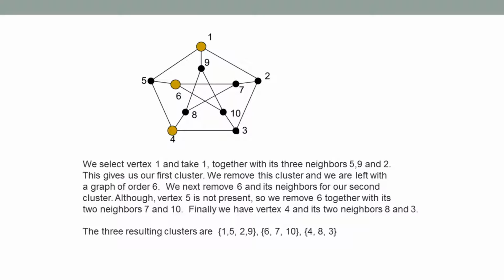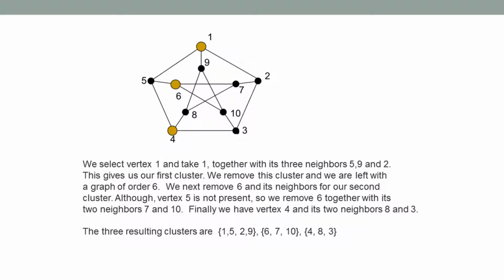Since Petersen's graph has 10 vertices, we've removed 4, so we now have 6 vertices left. We'll take the dominating vertex labeled 6 and its two neighbors 7 and 10. Recall 5 has been removed.